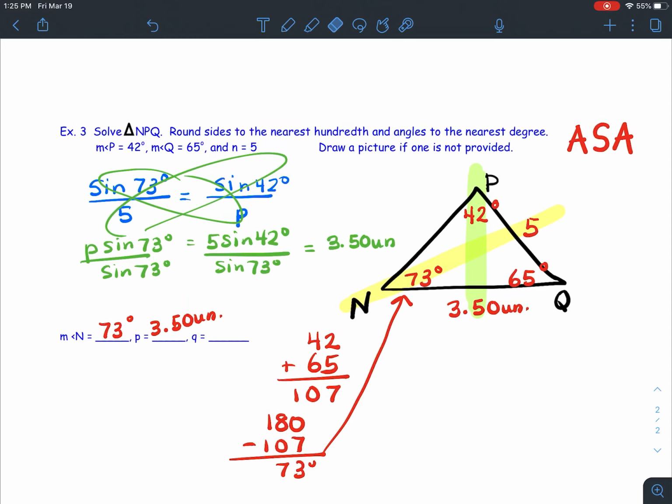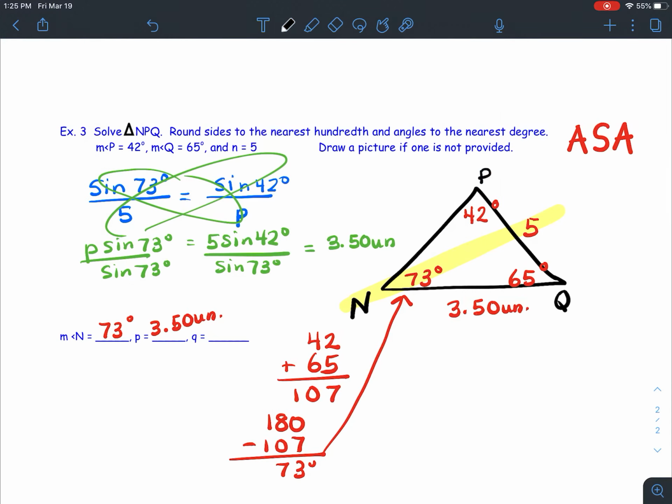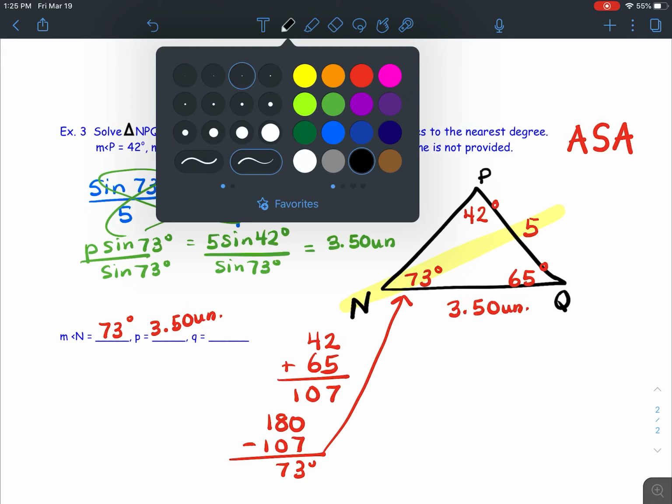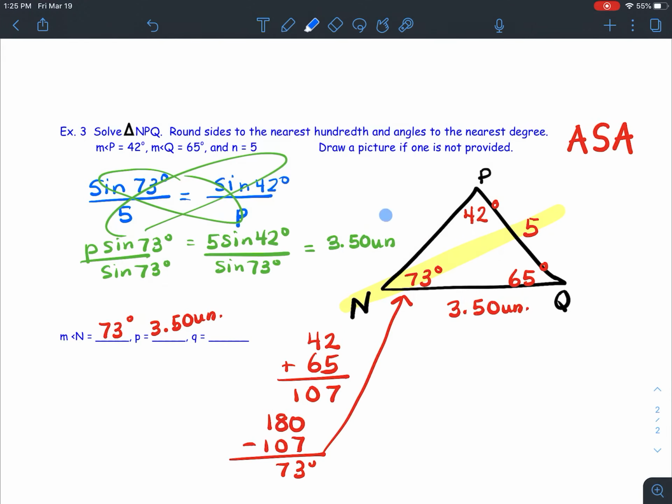Now, one thing I should mention: when we go to find the last side Q, let's revert back to using the original fraction, sine of 73 over 5. And here's why.